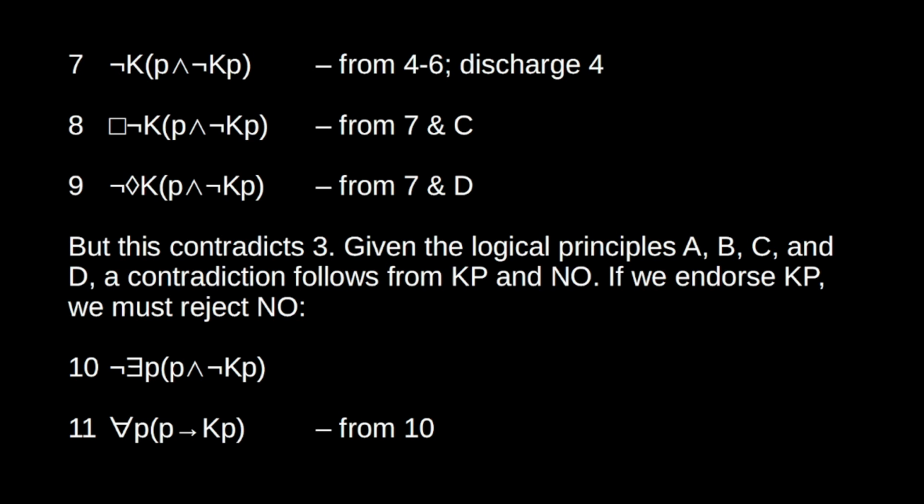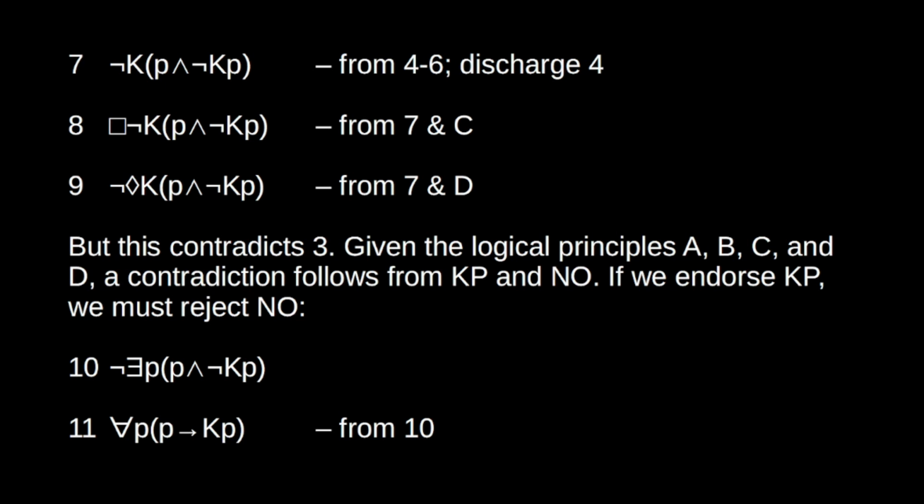But at this point, of course, we have contradicted line 3. Line 3 says that it is possible to know the conjunction P and it is not known that P. So basically, given the logical principles A, B, C, and D, a contradiction follows from Kp and non-omniscience. A contradiction follows from the knowability principle and non-omniscience.